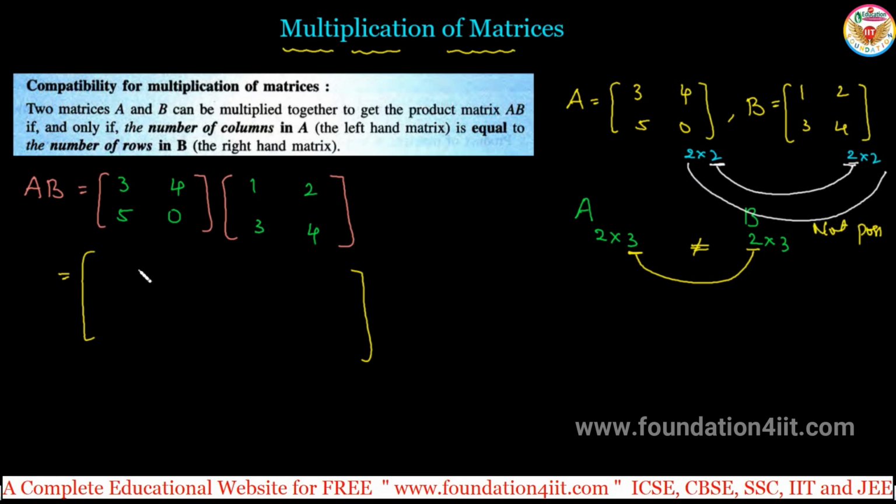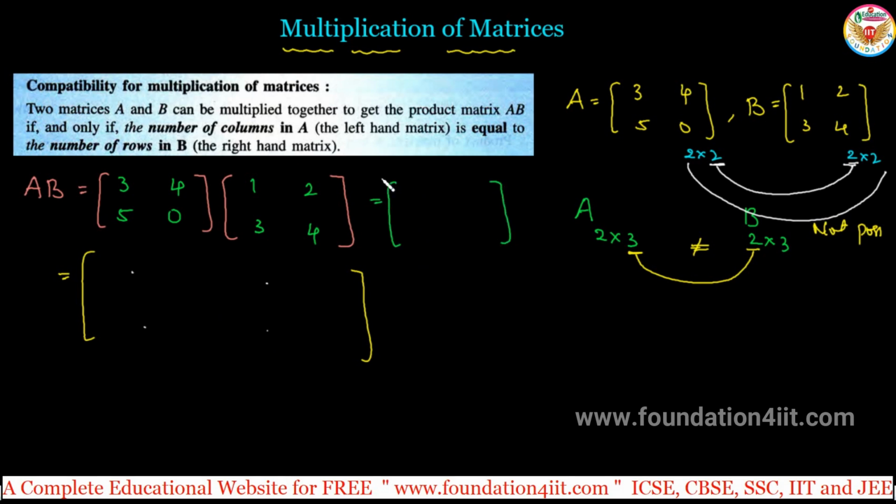Now there are a total of 4 places: first row, first column; first row, second column; second row, first column; and second row, second column. Let me take one example here of rows and columns.